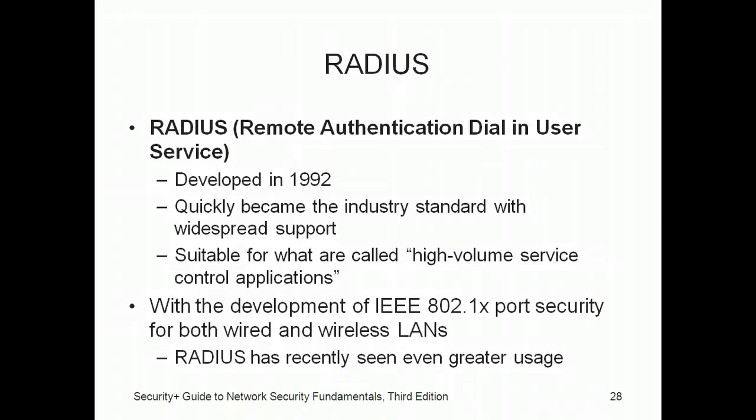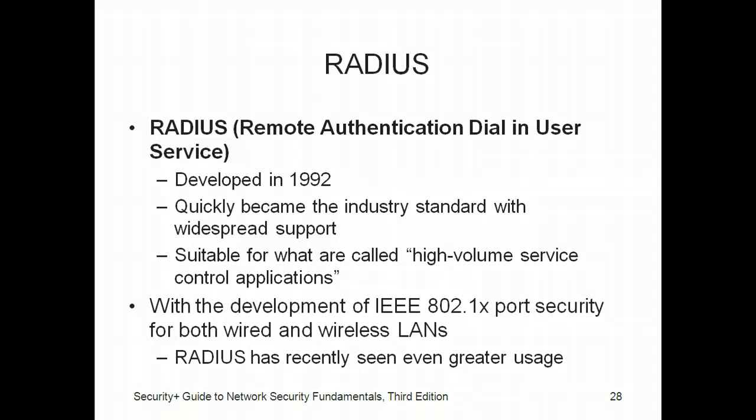RADIUS server, this was developed in '92. It's developed for high volume service control apps. RADIUS server is actually used if you are pushing out applications for users to use on your environment, you're going to use a RADIUS server, okay? Because it's going to be pushing content from a server to that local machine to access different programs and different protocols.